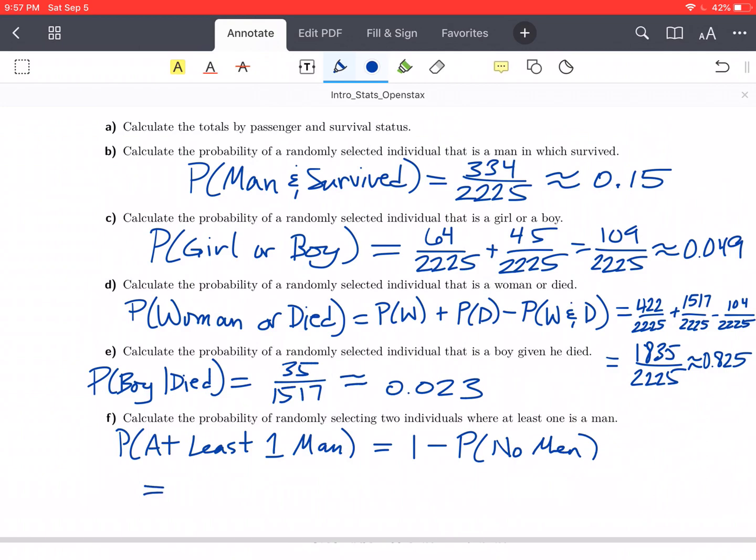Okay, so that's going to be 1 minus the probability that the first person is not a man times the probability that the second person is not a man given that the first person was not a man.